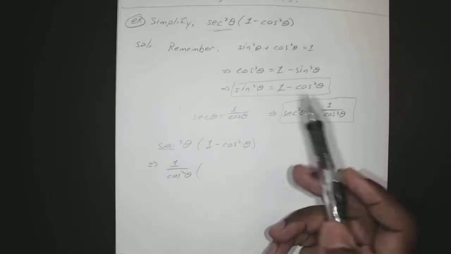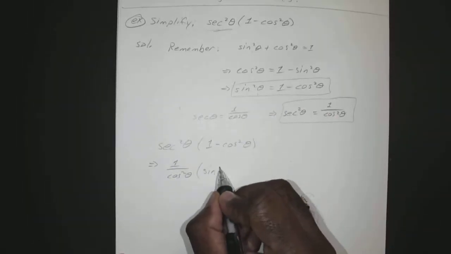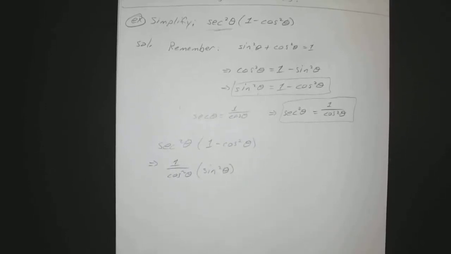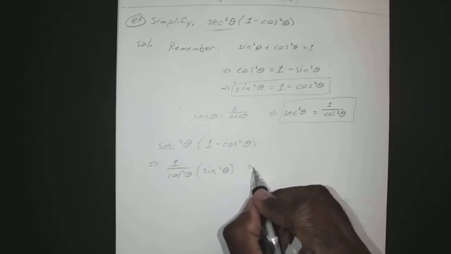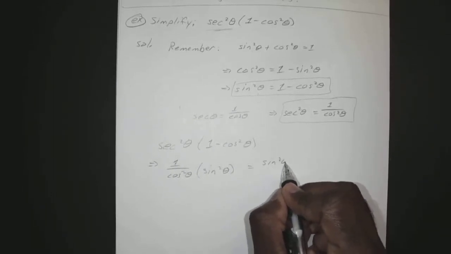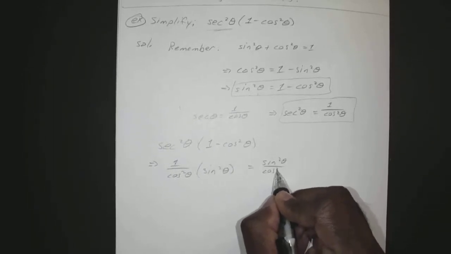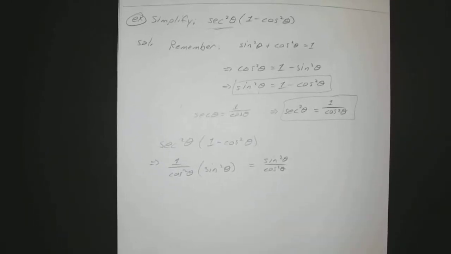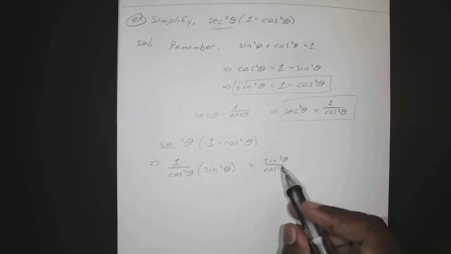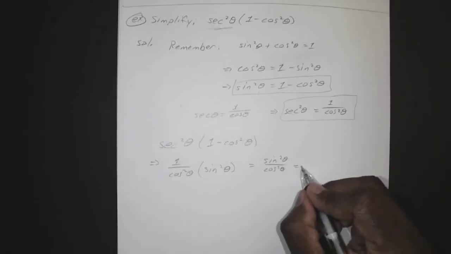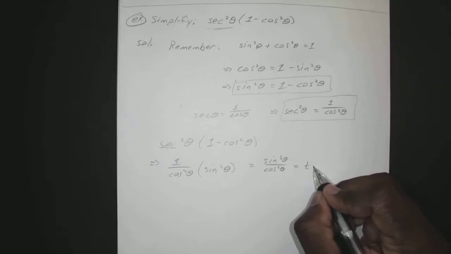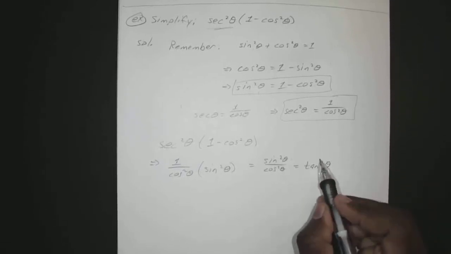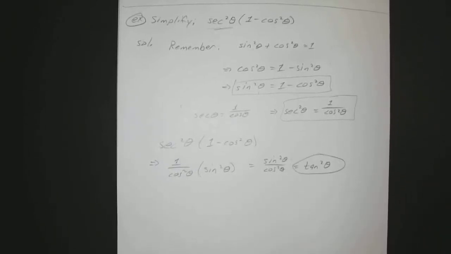You can put that right up front, so you have sine squared over cosine squared. Sine over cosine is tangent, so sine squared over cosine squared is tangent squared. That would be your final answer.